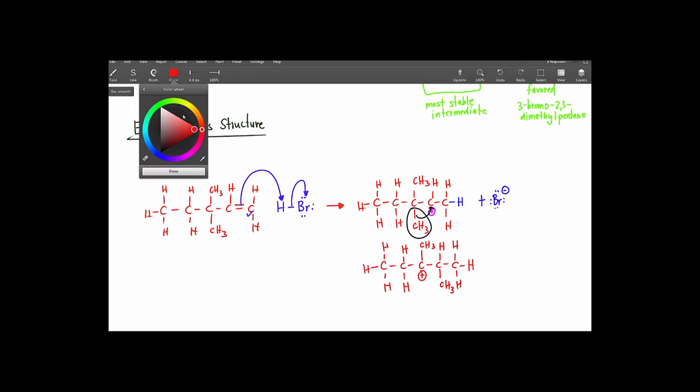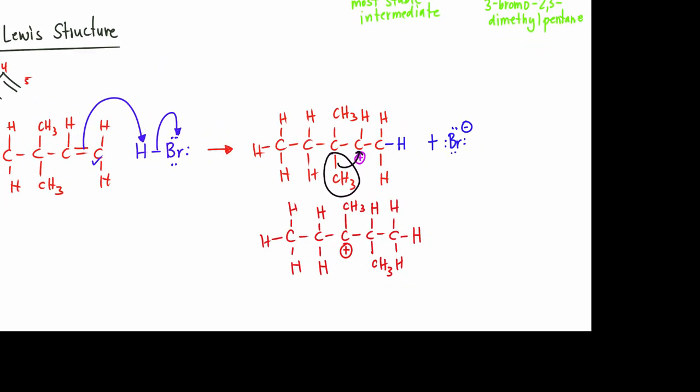Then that Br minus can come here. And our final product, again, is going to be 5 carbons.